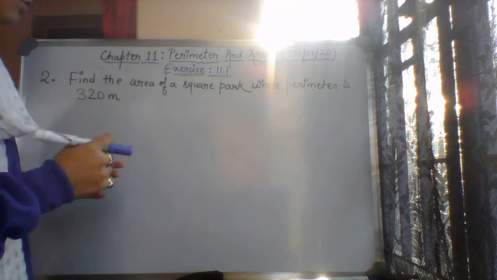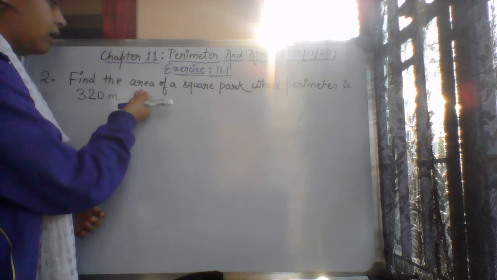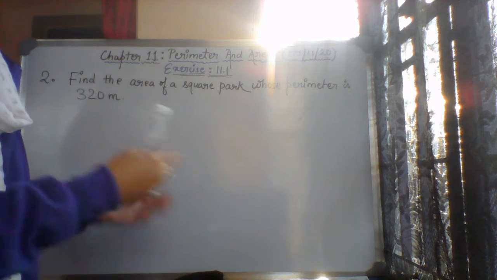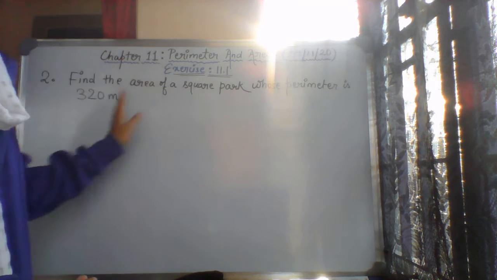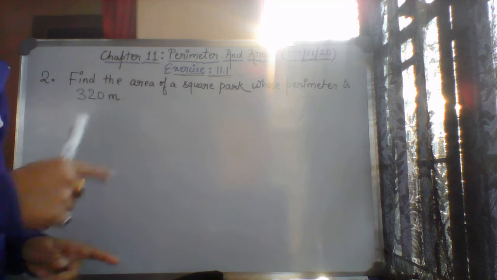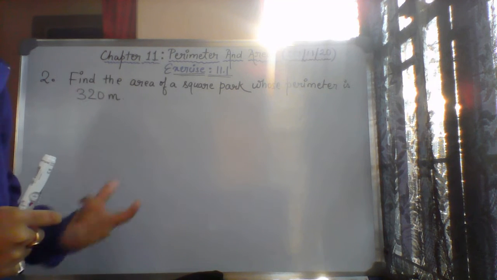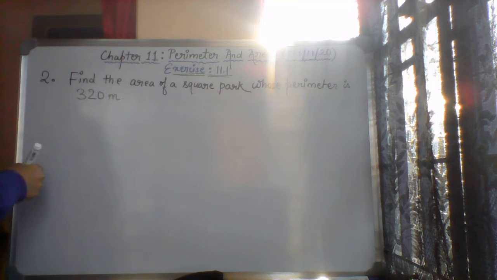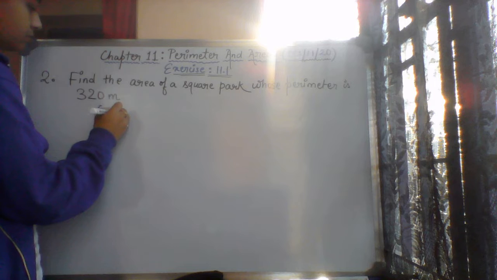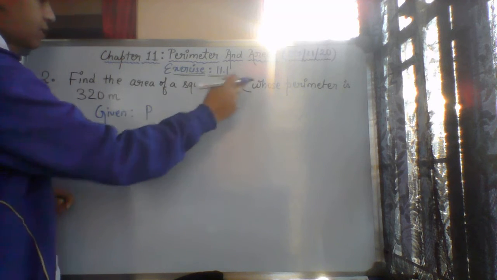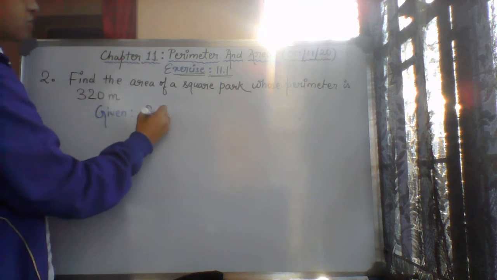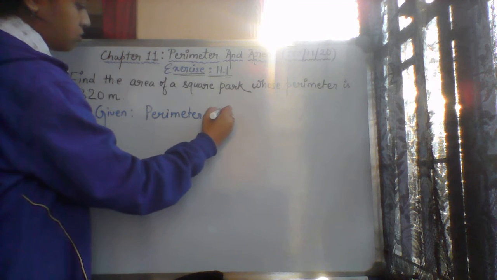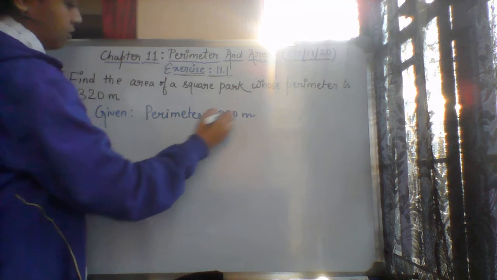You will be thinking, I don't know the side, how can I calculate the area of the square park? Yes, you can calculate because an indirect hint is given. Perimeter is given. So now you have to think how to find the side using perimeter. Given: perimeter equals 320 meter.